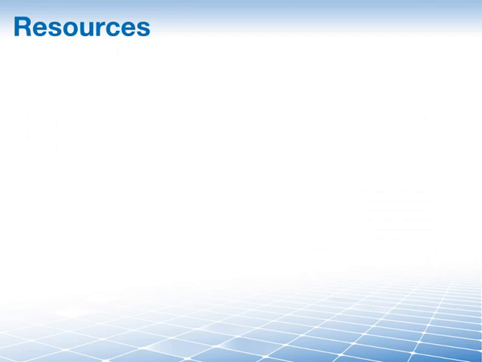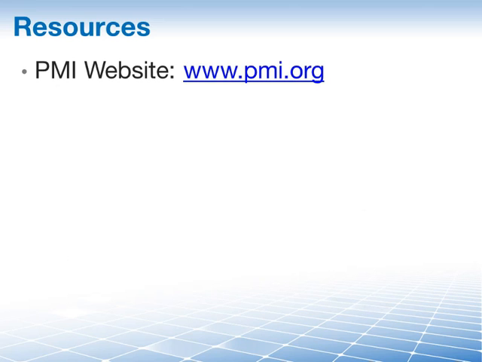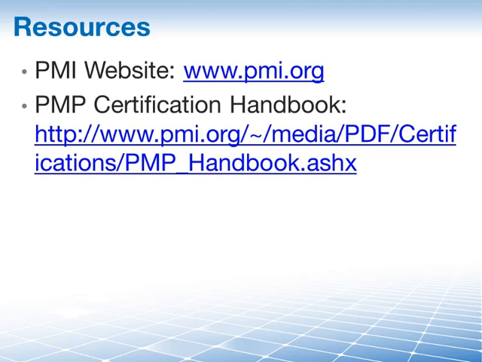There are 4 resources that you will definitely need on your way to becoming PMP certified. First of all, the PMI website, obviously at pmi.org. You want to read the PMP Certification Handbook, which you can find at this very odd URL here. Don't worry. Look into your student handbook. That's where we have a direct link to it.